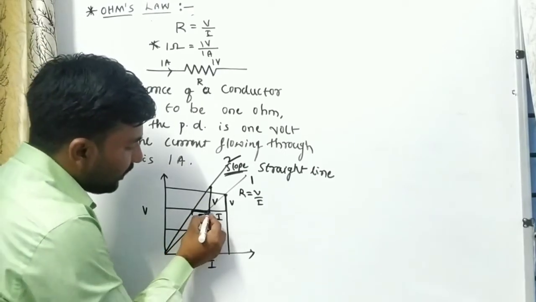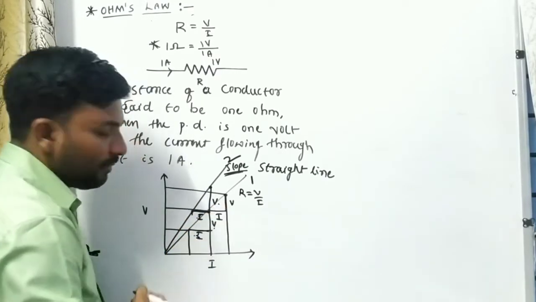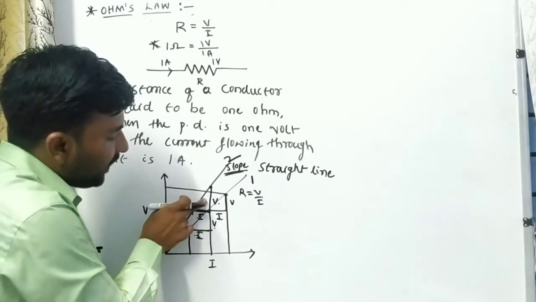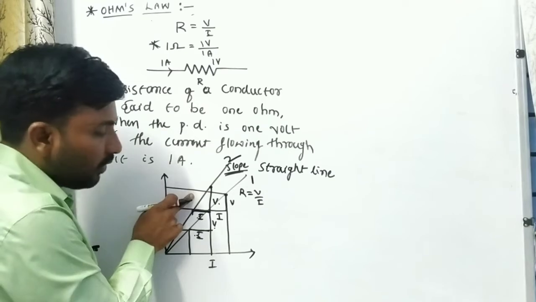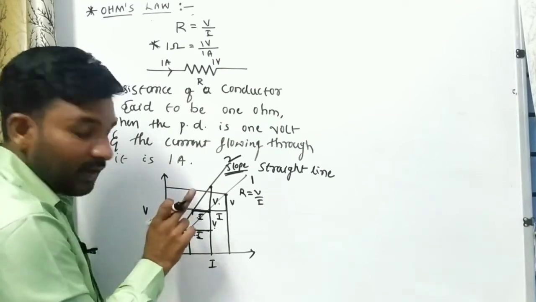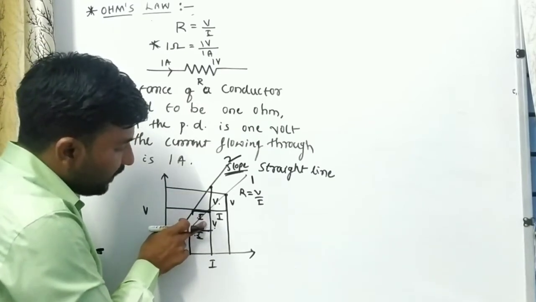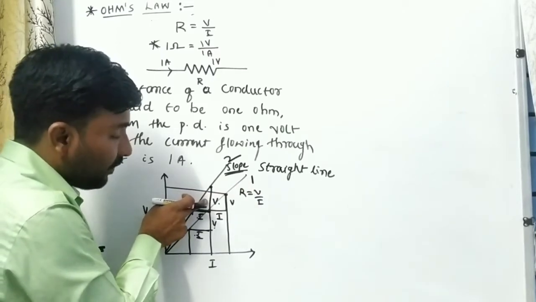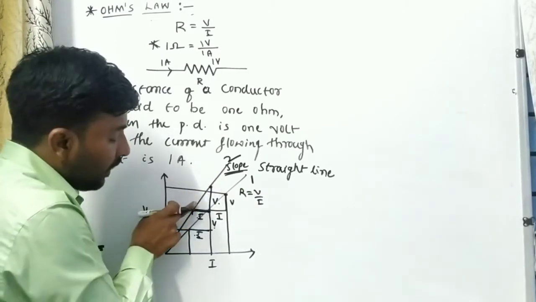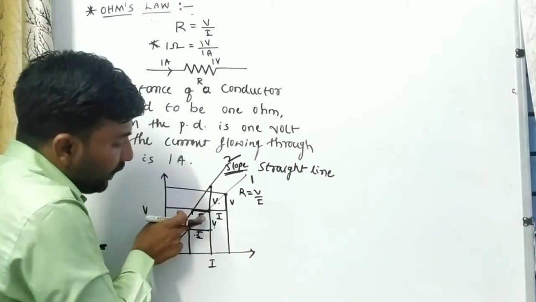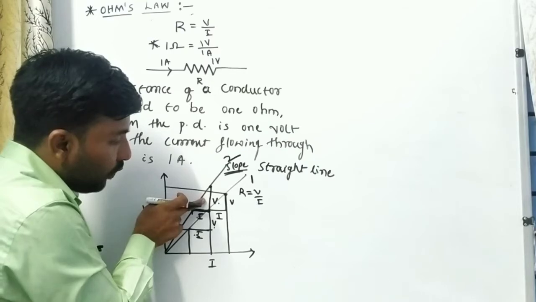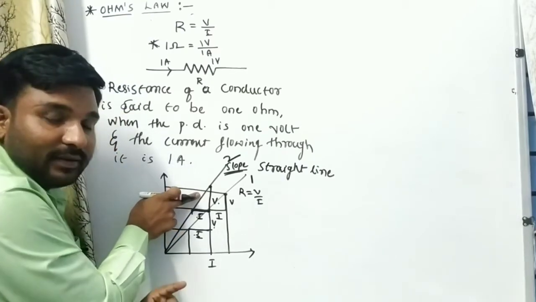Now look here, this V and this V. This V is for conductor 1 and this V is for conductor 2. Got it? Compared to these two, the potential difference, that is the voltage, for the second conductor is highest.